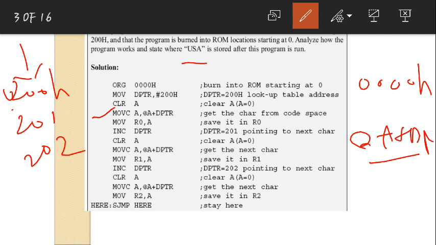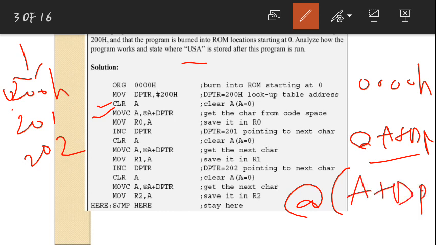So that means in this statement, A is the destination register, and @A means here I already cleared A, that means A is equal to 0. So here I have A plus DPTR. A will be equal to 0 because I already cleared A. Next, DPTR is pointing towards the 200 location, so DPTR is equal to 200.